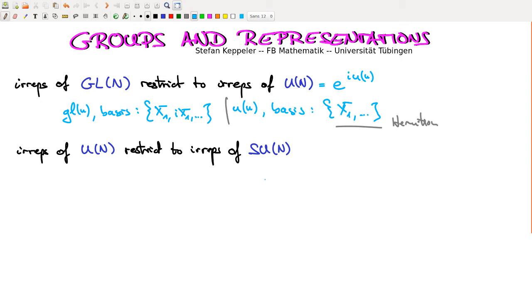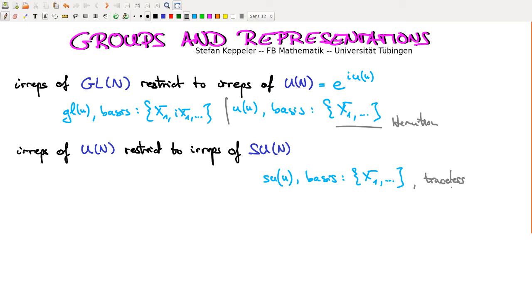And we argue similarly, we consider the Lie algebra of SUN and choose some basis here. Again, x1, x2, and so on. And in this case, these would be Hermitian and traceless matrices.